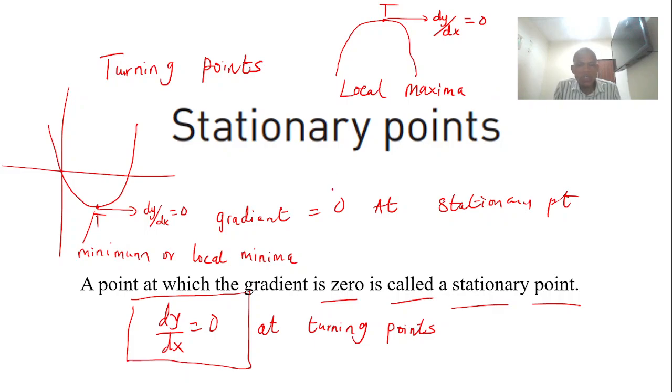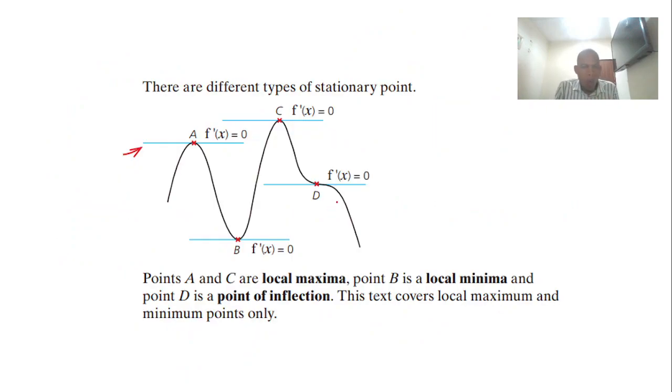So basically, what that means is that we have different types of stationary point. There are 3 types. But for your IGCSE Maths exam, you will be examined on just 2 types.